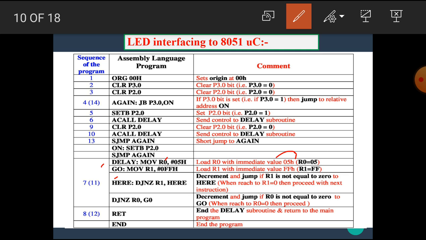Then MOV R1, #0FFH, that means the 0FFH value is loaded into the R1 register. Here DJNZ R1, here means decrement and jump to here if R1 is not equal to 0. When R1 equals 0, then proceed with the next instruction, DJNZ R0, go. This instruction is similar to the previous instruction.